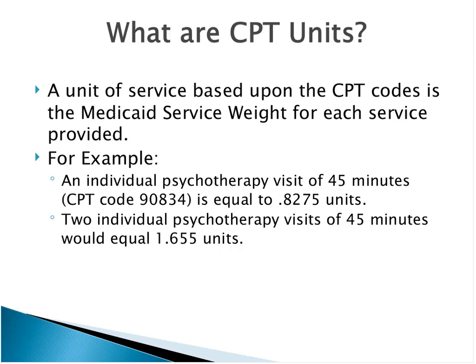If they did two of those, obviously you would add those two together, and they would have a service count for those 2 units of 1.655. It's a relatively simple concept. You take the weight, and that's the unit that you produce.